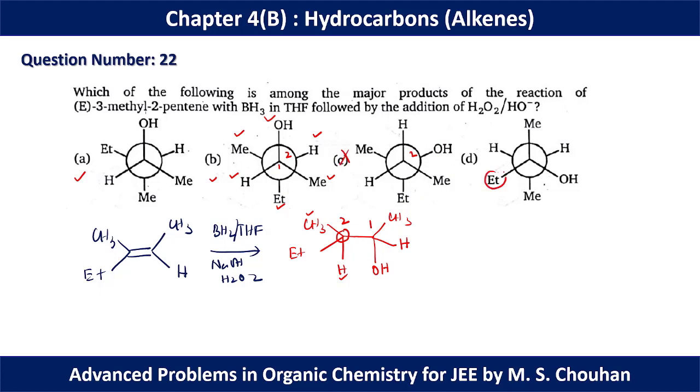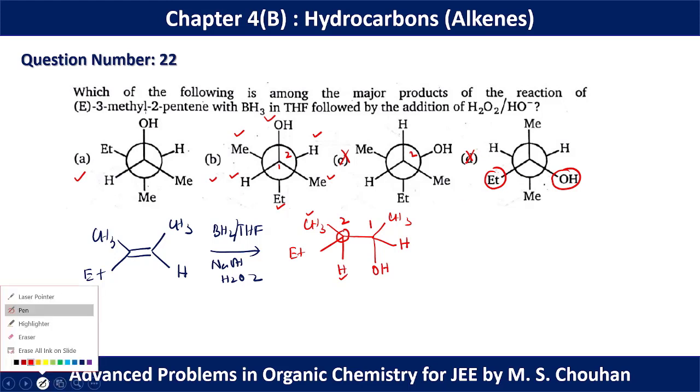Similar thing for D also: the carbon attached to ethyl is attached to OH also, so this cannot be our answer. Okay, I am not discussing the mechanism in this case. If you want the mechanism, go through the class lectures.